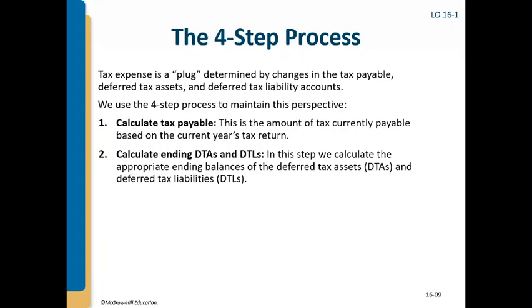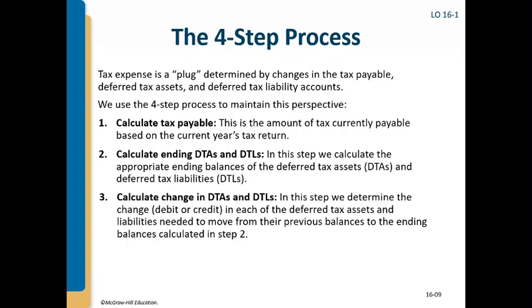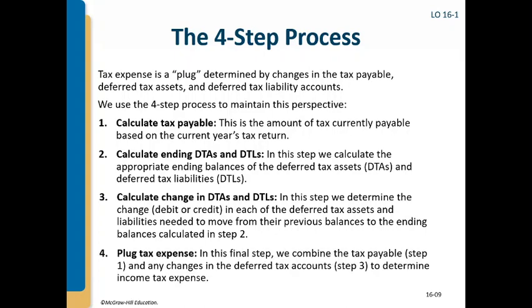Calculate the deferred tax assets and or deferred tax liabilities, like I mentioned. Figure out the change in that particular account and record it. And then you figure out your tax expense to make things balance.